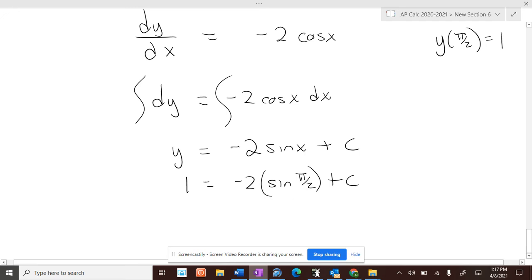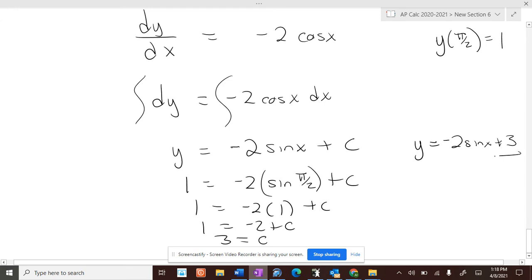What's the sine of pi over 2 equal to? 1. So 1 equals negative 2 plus c, so c equals 3. So the solution of this is y equals negative 2 sine of x plus 3.